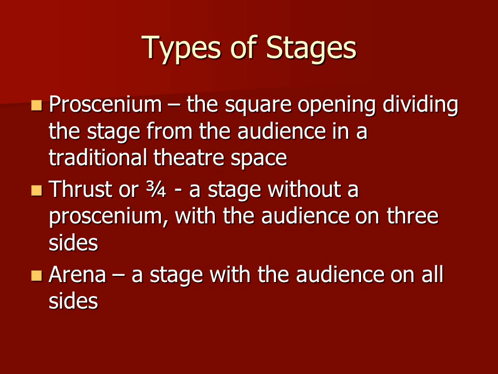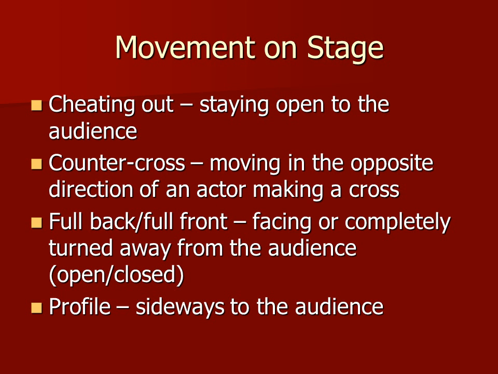If ever you go and see a big show at an arena like the PNC Arena, which used to be the RBC Center, anything like that, or the opening ceremonies for the Olympics, for example, those are in great big arena stages. There's also small ones as well. But those are the three types of stages: proscenium, thrust, or arena.